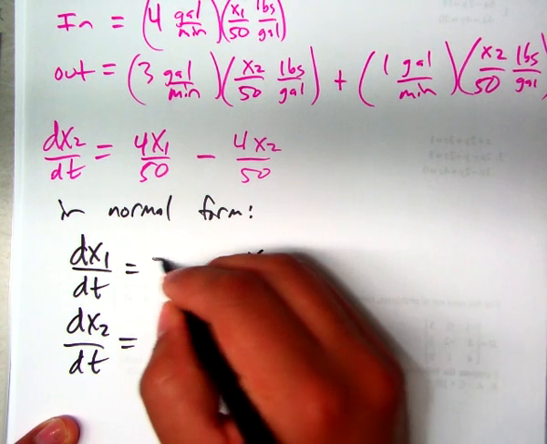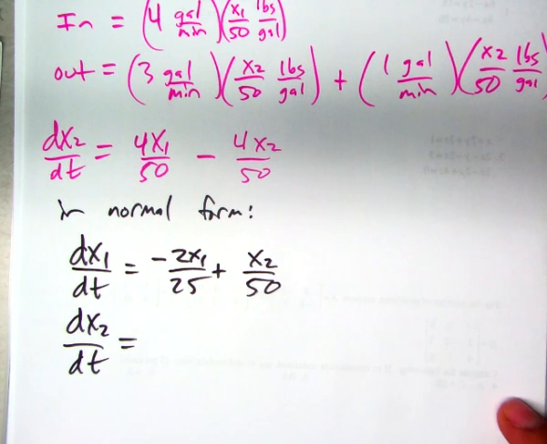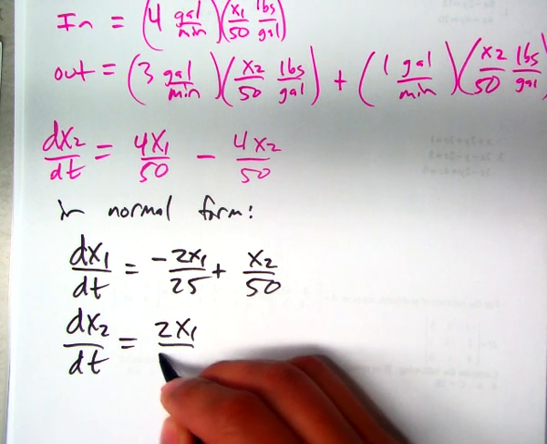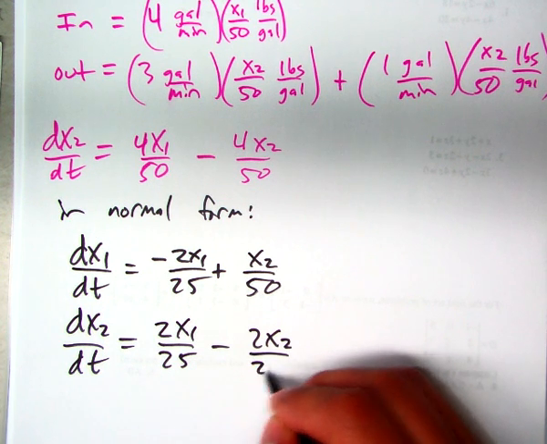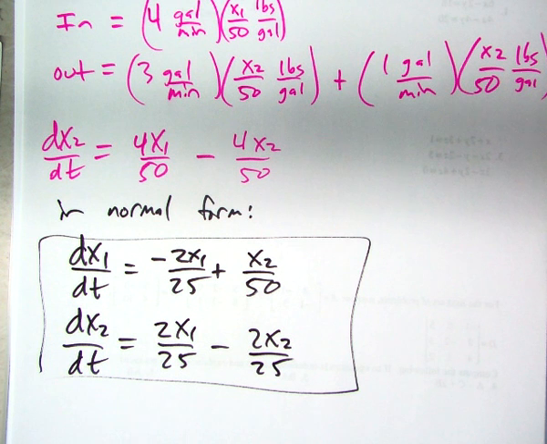And we had a negative, if we reduce the fraction, 2x1 over 25. And with dx2 dt, just reduce the fractions. 2x1 over 25 minus 2x2 over 25. Okay.